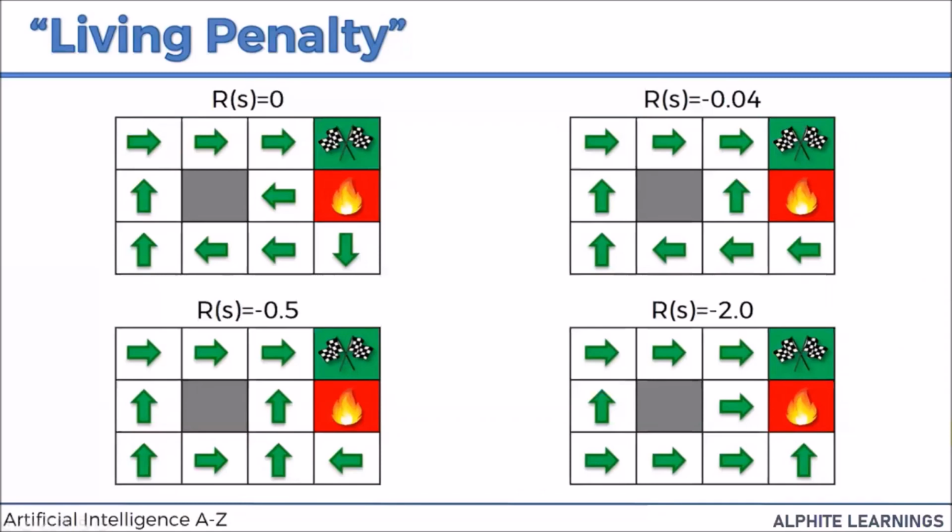Instead of going around like that, you can just get the smartest way out of it. So this is what we call living penalties. For each and every state we'll be assigning some penalties.